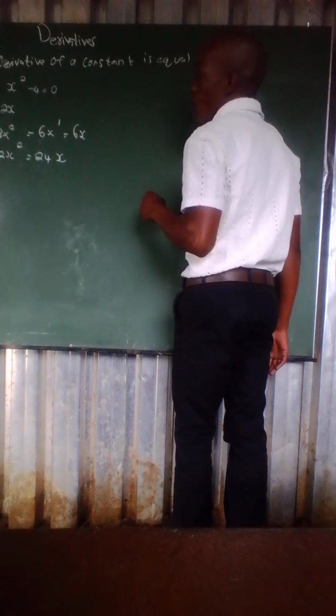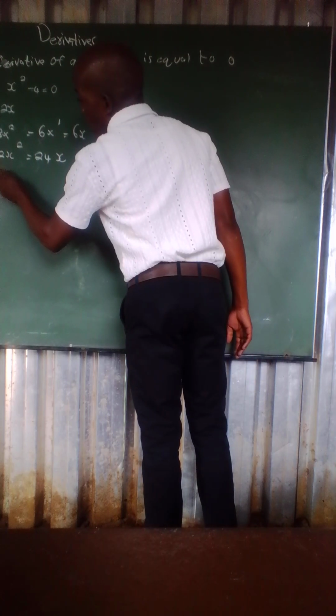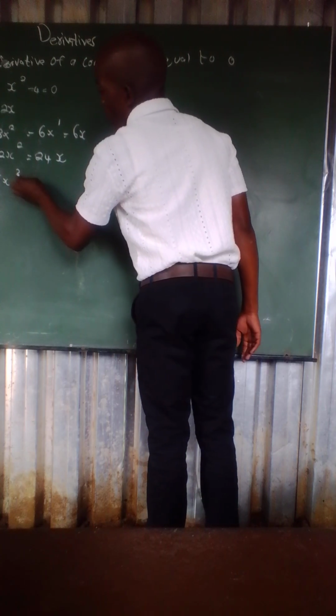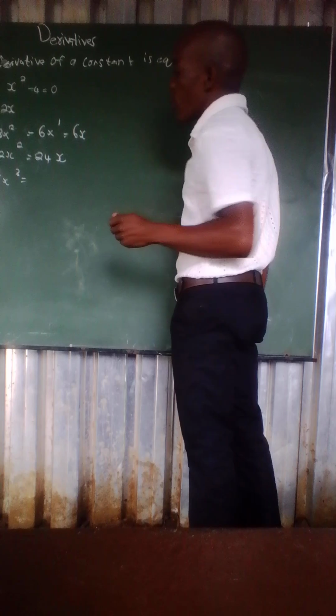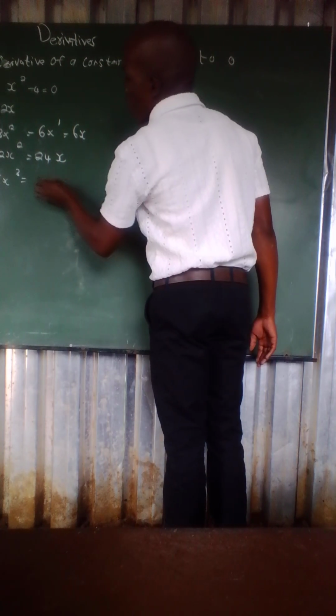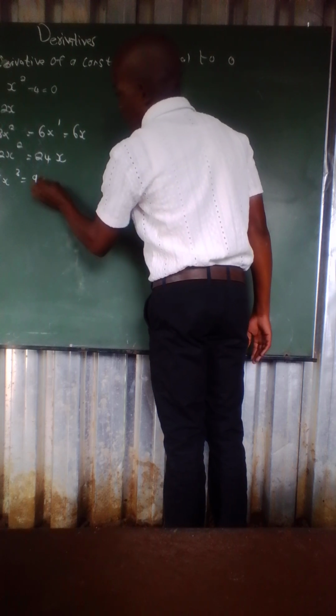Let me go again with another type of exponential form. Let's say 3x cubed. On your 3x cubed, you say 3 times 3, which gives you 9, and then you are left with x.